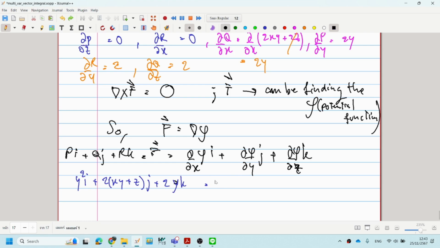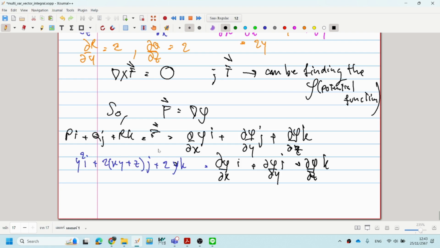So back to ∂φ/∂x i plus ∂φ/∂y j plus ∂φ/∂z k. Compare both sides. You see here, the i component on the right side equals the i component on the left side.